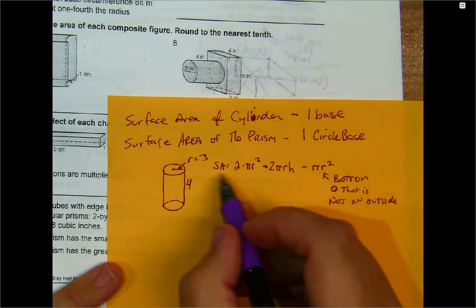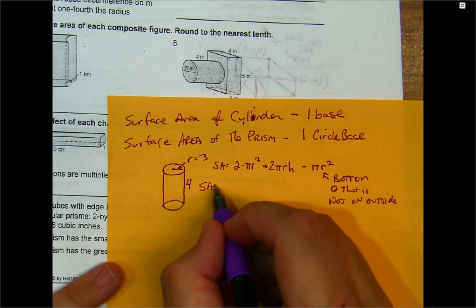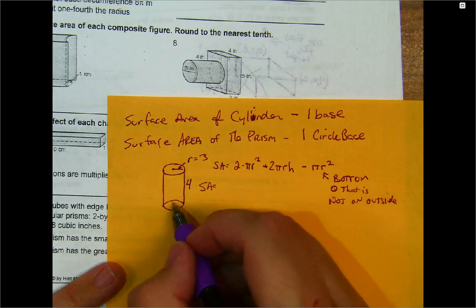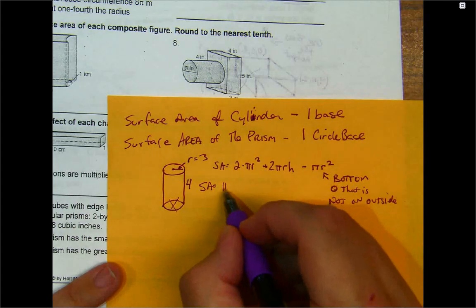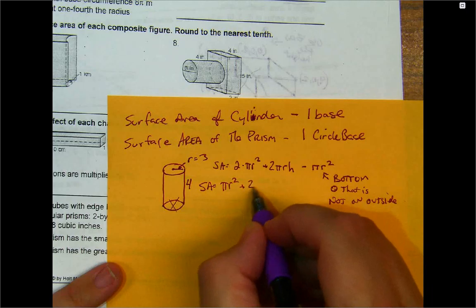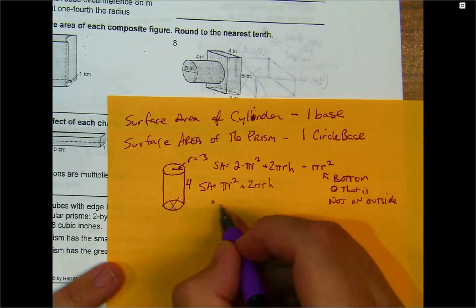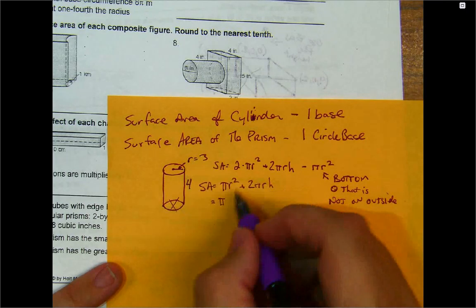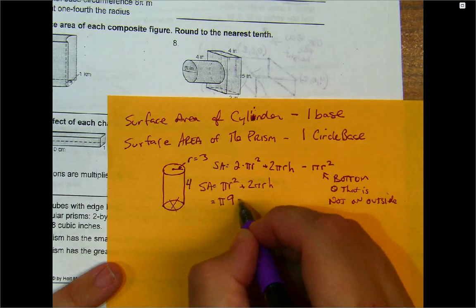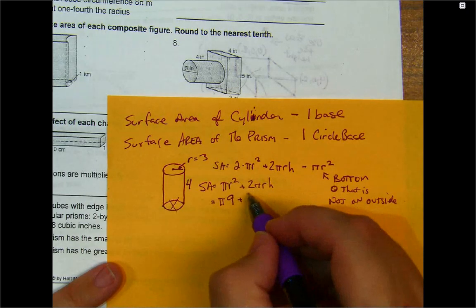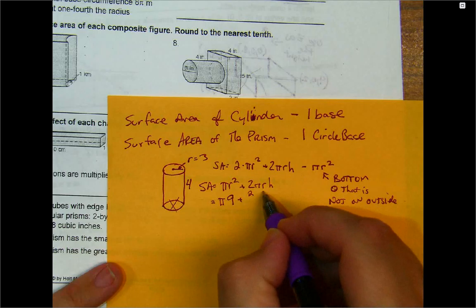So the surface area that I need from the cylinder part of it would be, I'm going to get rid of that guy, which would be pi r squared plus 2 pi r h. So it's pi times the radius squared, which is 3 squared, which is 9, plus 2 times 3 times 4.